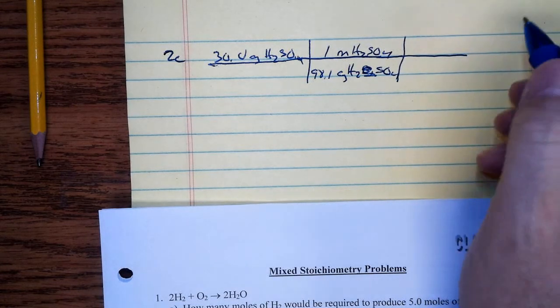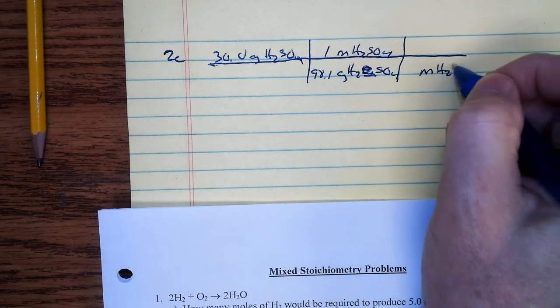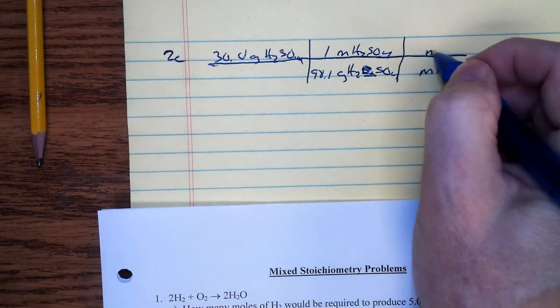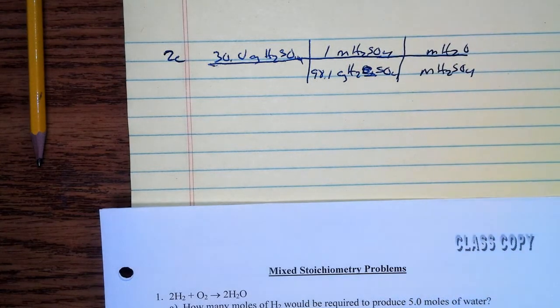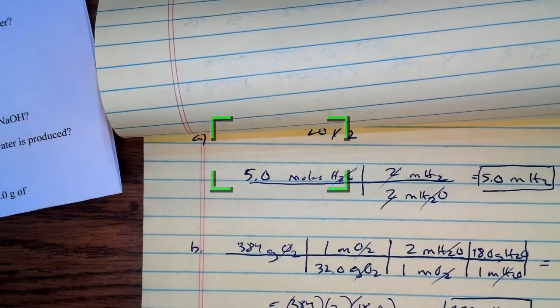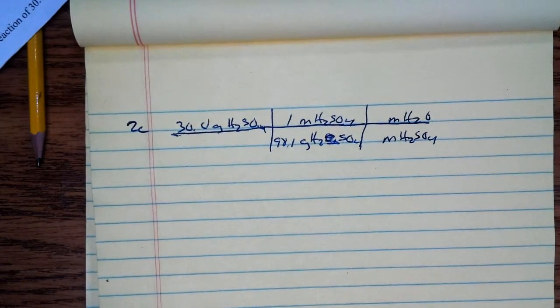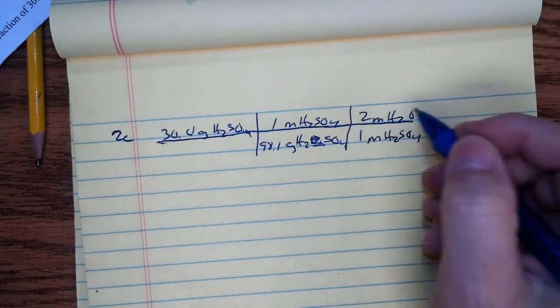Now we're going to go to moles B, so moles of H2SO4 to moles of water. And then I'm going to go back and check our equation. By H2SO4 we have a 1, and by water we have a 2.